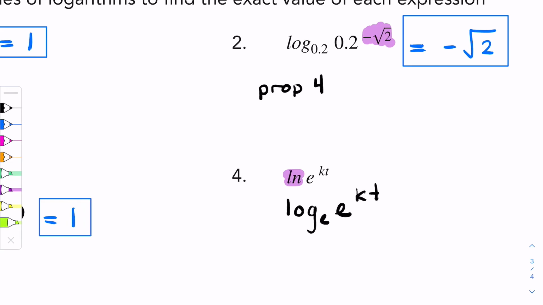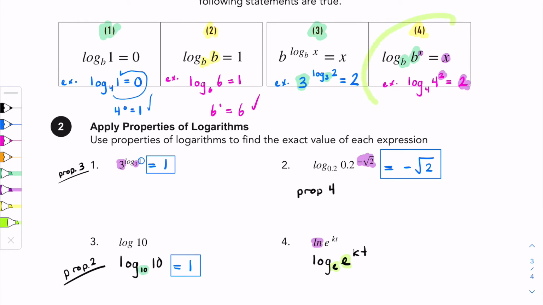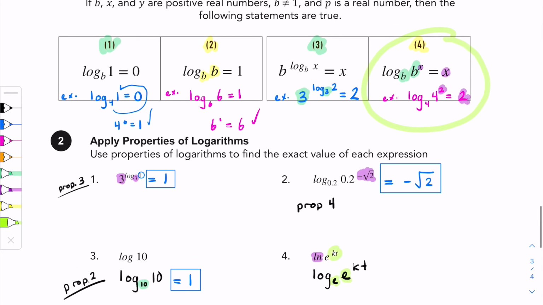Now we have a function that has the base and the argument both as the same number. That falls under category 4. So for property 4, we know the answer is just going to be your exponent of kt. The answer is equal to kt, or just your exponent. And again, that was property number 4.